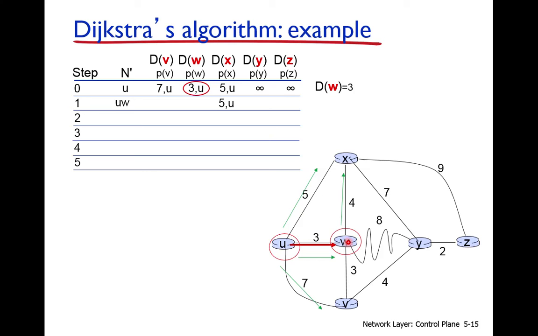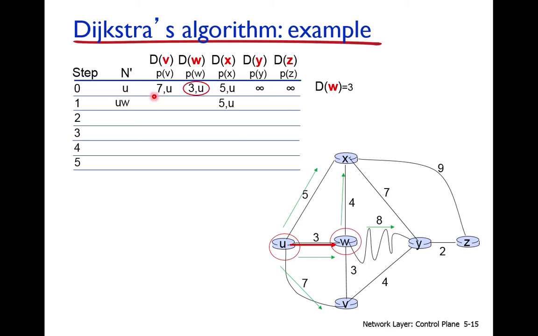Who is the next neighbor of W? It is Y. Now we want to get the distance. If we take this link, the cost from U to W is 3, and W to Y is 8, so the total distance will be 3 plus 8, which is 11.